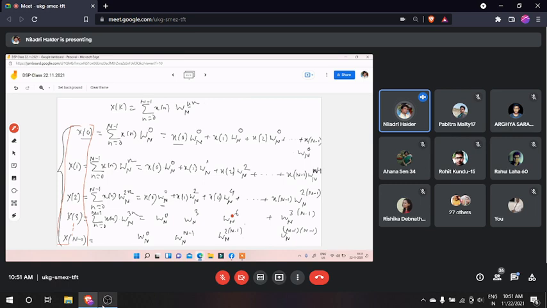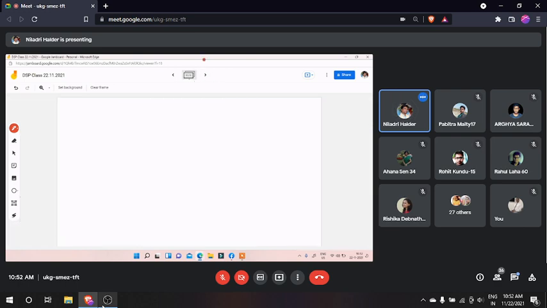Considering the coefficients, one matrix will be multiplied by x0, x1, x2, like that, up to xN-1.